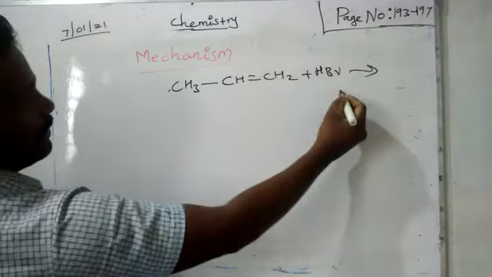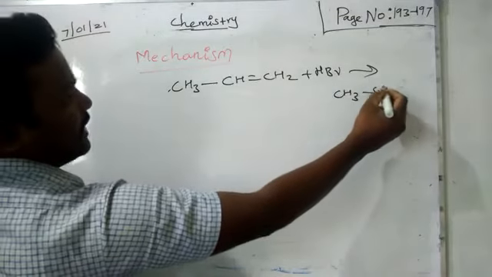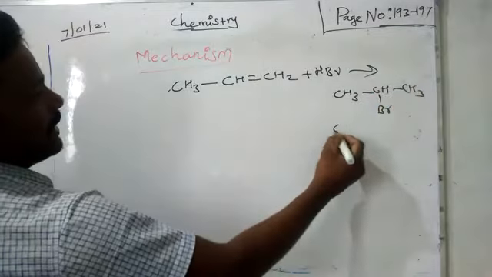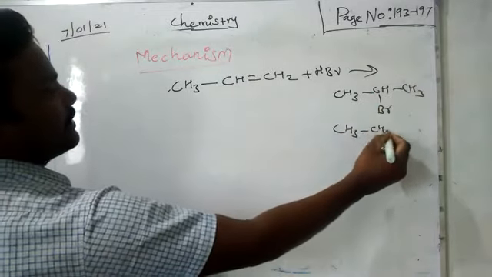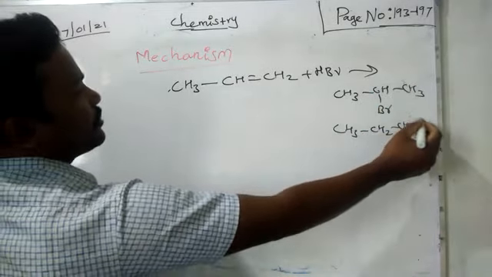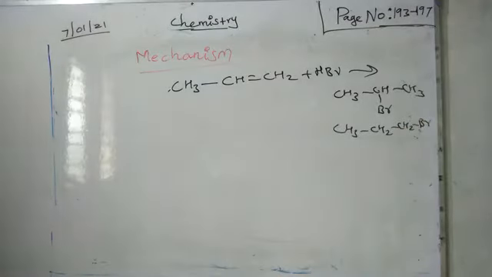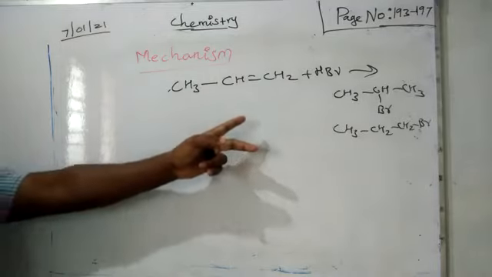One may be CH3CHBrCH3, another one is CH3CH2CH2Br, that is 2-bromopropane or 1-bromopropane. So these are the two products formed in this reaction.